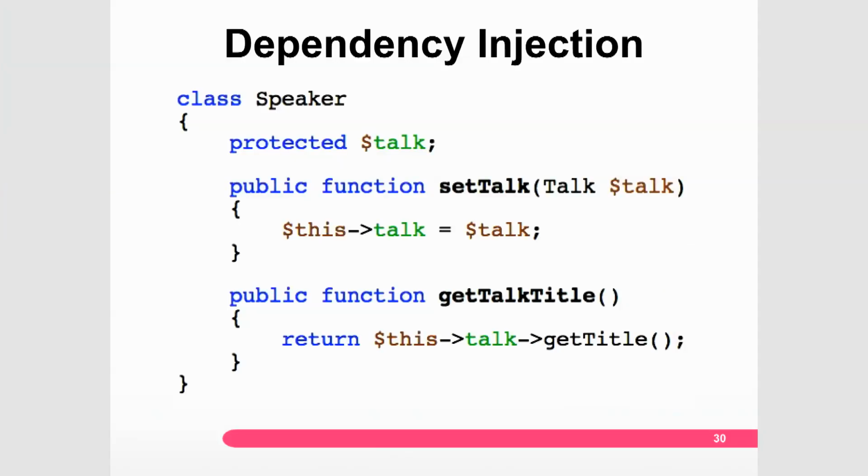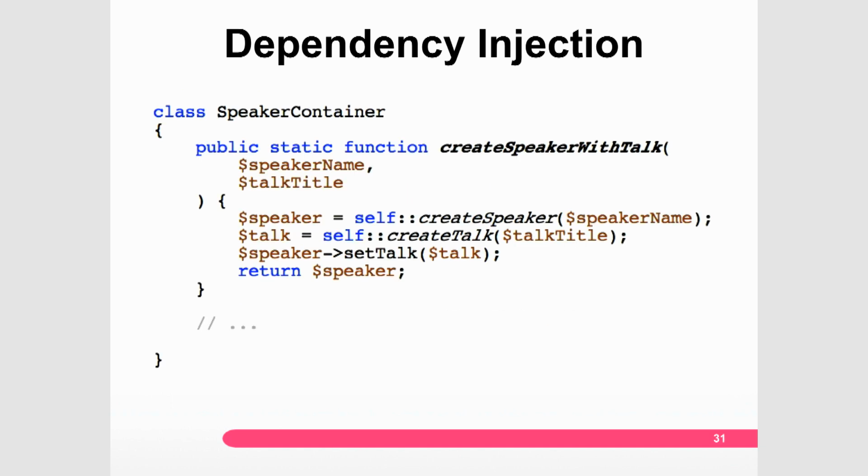Or you can use a setter, of course, so you can just have a set tag or something like that. Nowadays you even see dependency injection containers that create all kinds of dependencies for you. So I here now still have the same static method, create a speaker with a tag, and it will create a tag object for me and create a speaker object for me and attach them together.